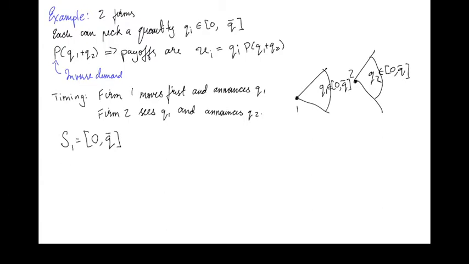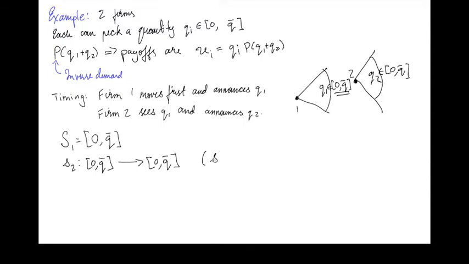A strategy for player 2 would be, having observed Q1, you look at some Q1, and based on that, you pick Q2. So it's going to be a function from the interval 0 to Q bar to 0 to Q bar, meaning that, remember, each information set for player 2 here is identified by one particular Q1.